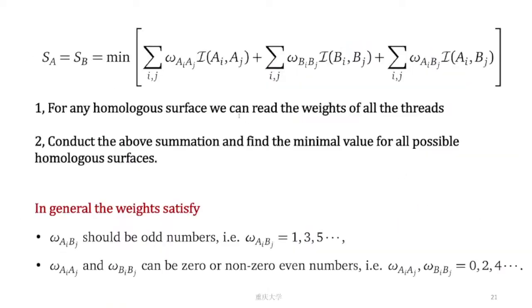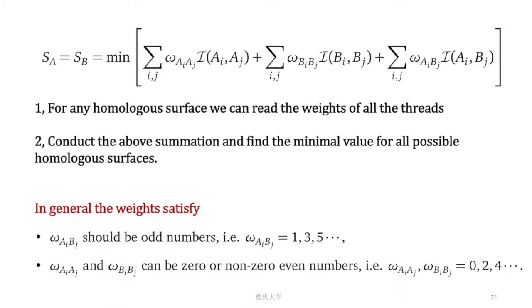After the surface is given, we can read off all the weights, which are the number of times the threads intersect with the homologous surface, and minimize the summation, which means you should find the homologous surface that gives a minimal summation of the terms in the bracket. This is the strategy by which we can get rid of the information from the RT formula.